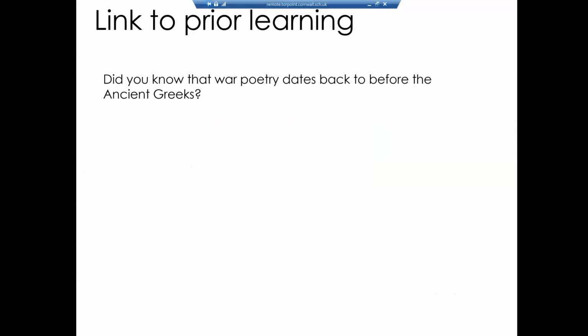Okay, let's look at a little bit of history here and a bit of context. I'm going to give you some clues to try and work out a text that you have studied previously in Year 7. So did you know that war poetry dates back to even before the ancient Greeks?